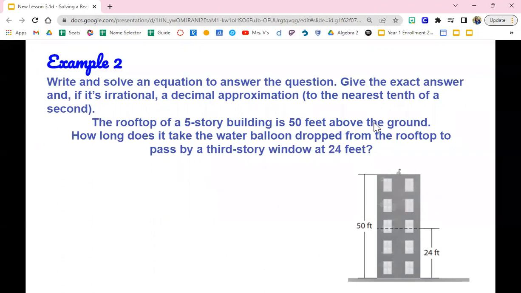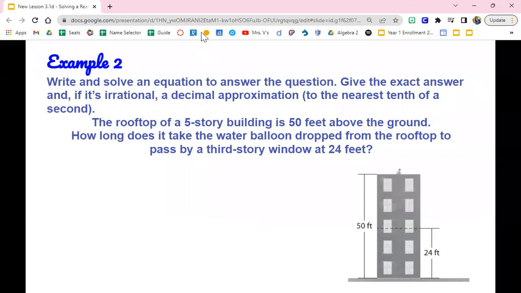How long does it take the water balloon to drop from the rooftop, pass by the 3rd story window at 24 feet? So notice here in this equation, we have not one, but 2 heights. So this should tell us that we're going to use that second equation to determine how long it takes to travel from an initial height and then reach a particular height.